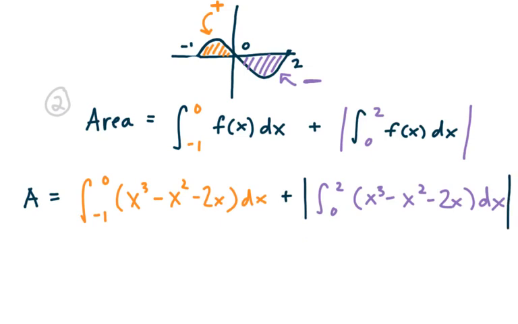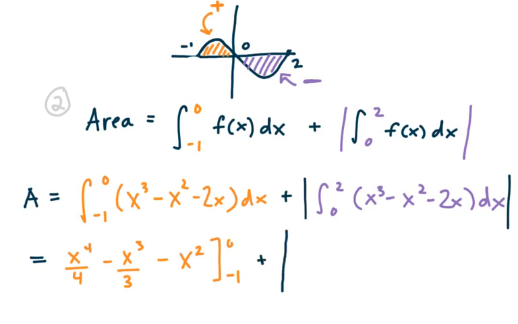All right, so the integration for both of these is pretty easy. We'll use our power rule. For my first piece, I have x to the 4th over 4 minus x cubed over 3, and that would be minus 2x squared over 2, which is just going to simplify to x squared. So we're going to need to evaluate that from 0 to -1.